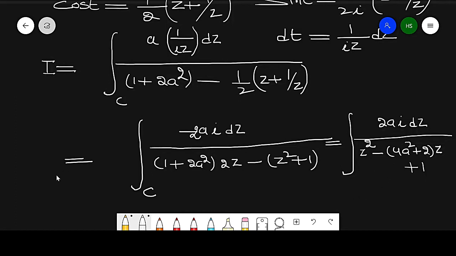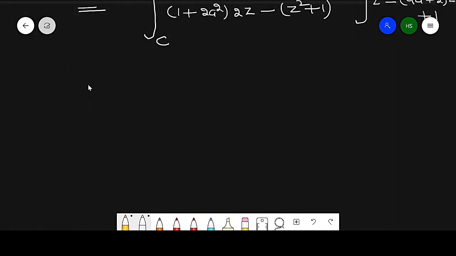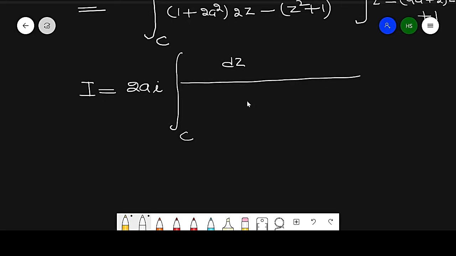Now here my integration is I, which is equal to 2a iota integration over c of dz over z square minus 2 into 1 plus 2a square into z plus 1.